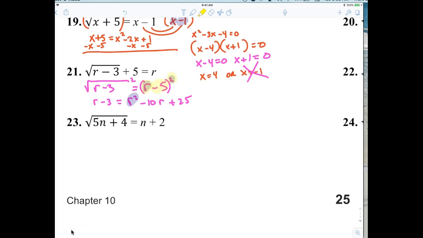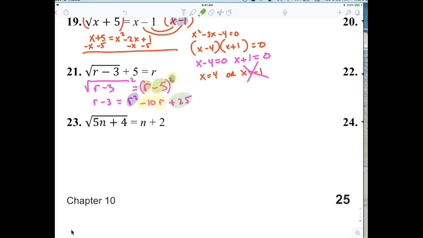So what's R times -5? -5R times 2. That's a pattern. All right, I'd like for you to know that pattern. All right, -10R. And then the last number is what? Squared. So what's -5 squared? That's where you're getting that from.